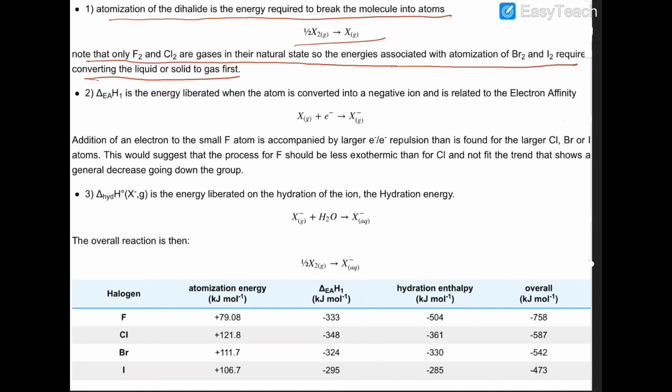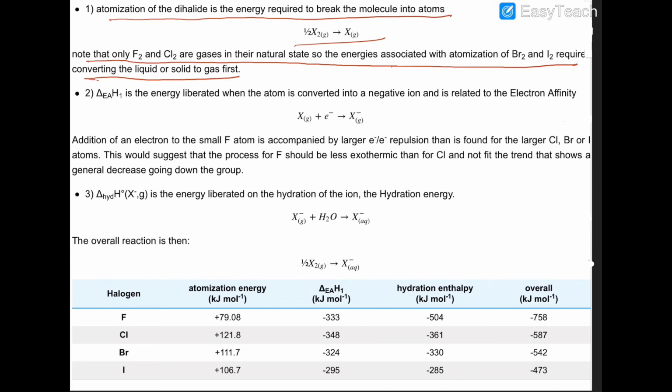So what has happened? If you want to convert molecules of iodine or bromine into atoms, then you have to first perform some physical changes. The iodine should be transformed into vapor state. How can that be possible? The answer is by enthalpy of sublimation. And since bromine exists as a liquid, you have to form its vapors, so enthalpy of evaporation is required.